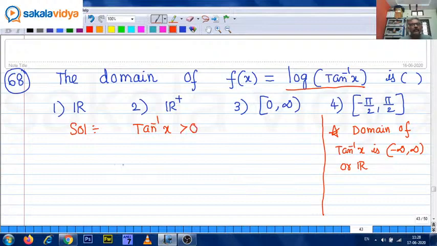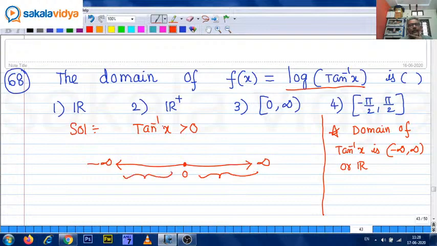For example, take the number line like this, negative infinity here, positive infinity here, and suppose this is 0. It should not be 0 either. One more condition: log of tan inverse x is defined only for greater than 0. So tan inverse x greater than 0, positive, happens only from here to here. From here to here it will be negative. As tan inverse x is greater than 0, we consider this one only.